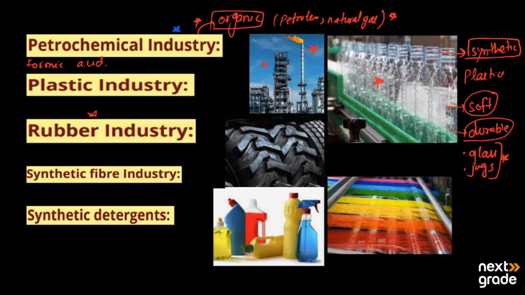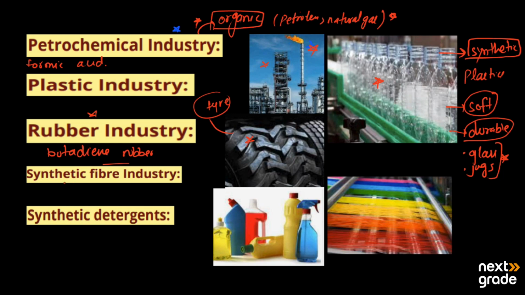All the tires that are used in automobiles are mainly prepared from butadiene rubber. It is also used for the production of many footwear and toys of good quality. So this is the third industrial use of hydrocarbons.